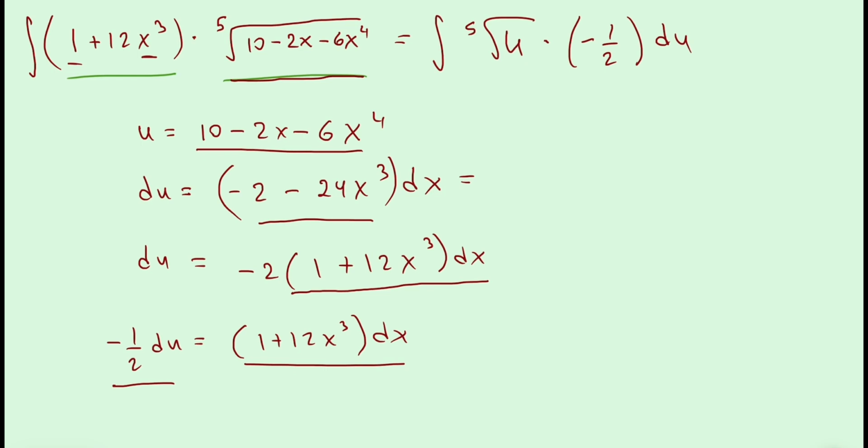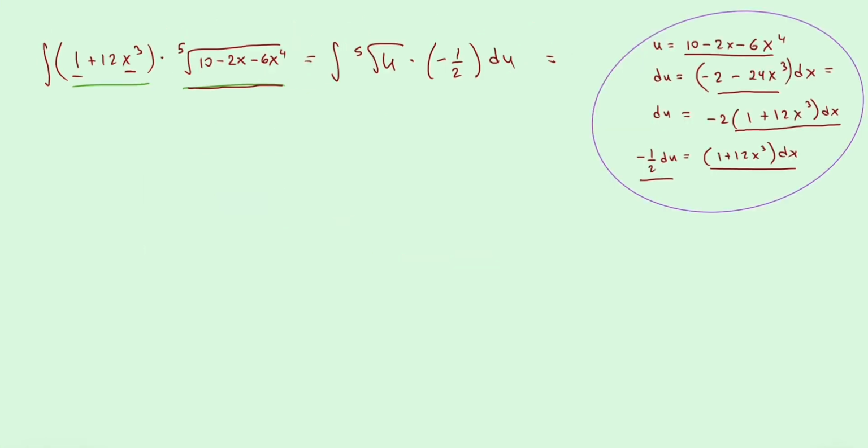Now notice I didn't substitute du first into the equation. I did u first because this is the way it should be written in order to integrate it. Before we integrate, let's rewrite this integral. Let's have u to be taken to the power 1/5. Negative 1/2 is a constant, du.